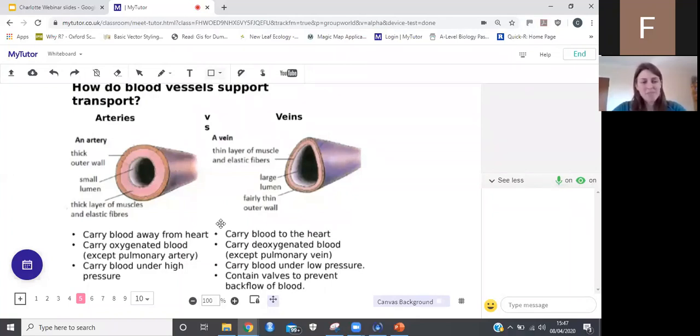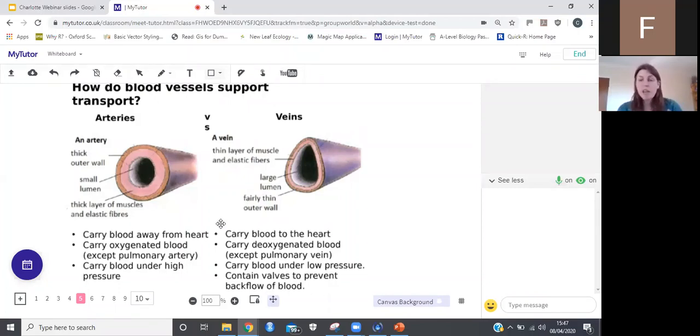Just a couple more questions. Why does the artery have a small lumen? Shouldn't it be large to be able to carry more blood? Yes, this is quite a difficult one to explain. We need to be wary of getting confused between the amount of blood being transported and the pressure that it's under.